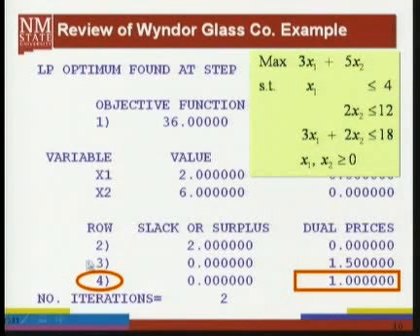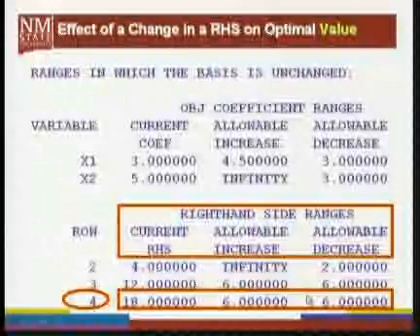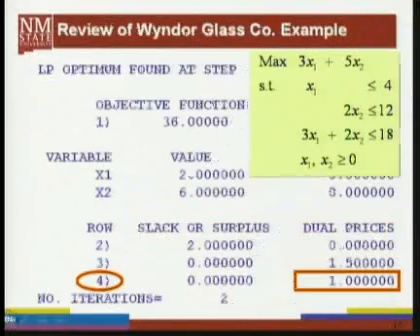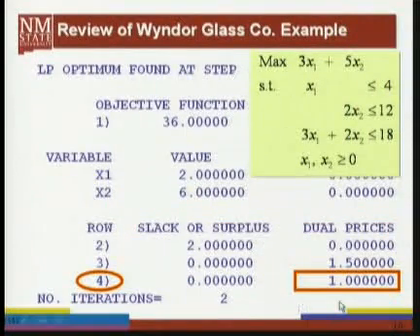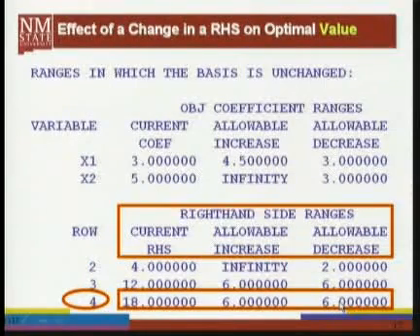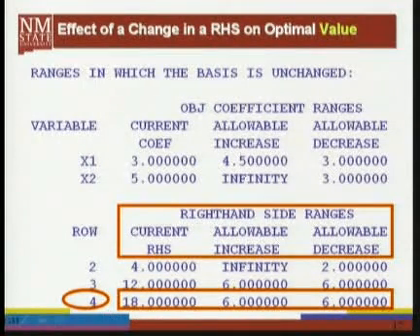So for example, let's consider the value of 1 as the dual price for the last constraint. And this value remains valid only if the right-hand side value of the last constraint varies within this allowable range. Otherwise, the dual price of 1 doesn't mean anything. Okay? Is that a little bit complicated?